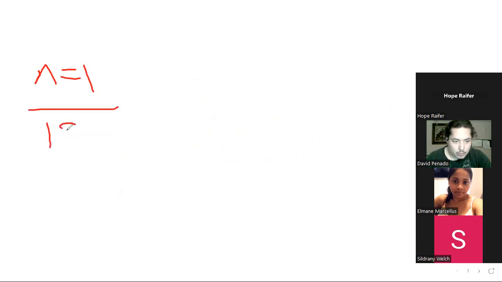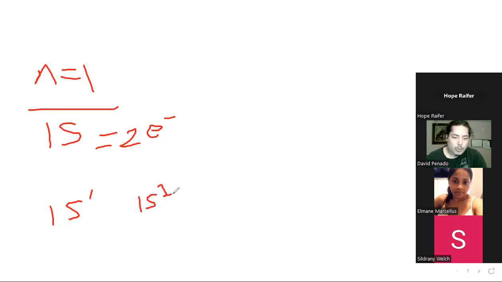And 1s can only hold 2 electrons. So it will look like this. The minimum it can hold is 1, so it'll be 1s1, or 1s2 will be the maximum.